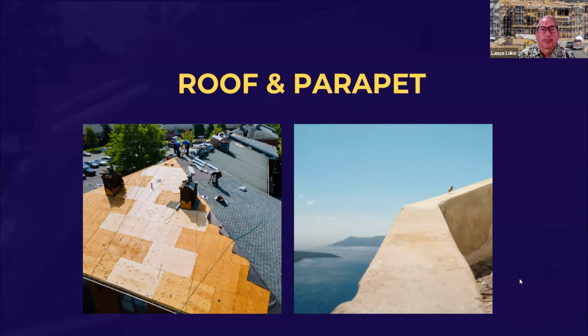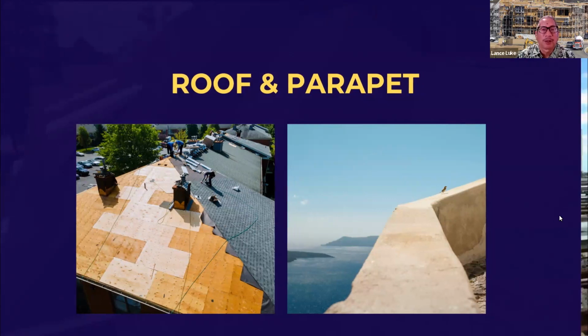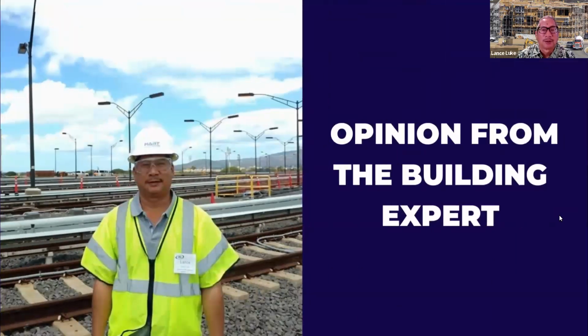Okay, so what other components do we have to discuss? That's basically it. So that's the 14 building structure components. I have this slide here, opinion from the building expert, and it's me when I did an inspection of the Honolulu rail.